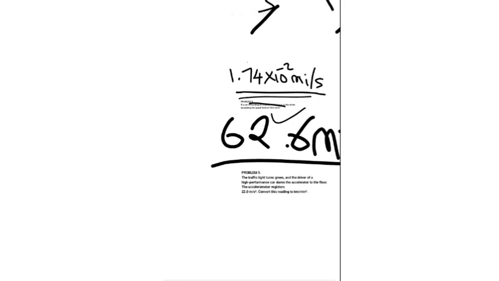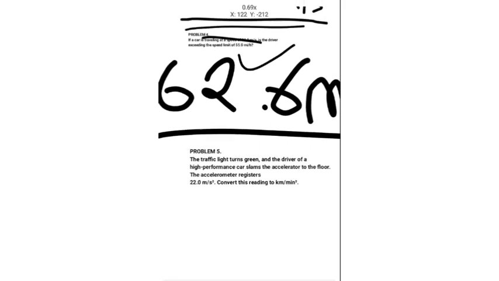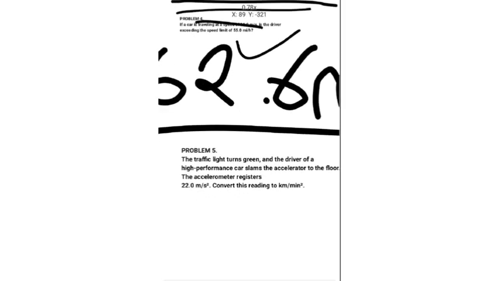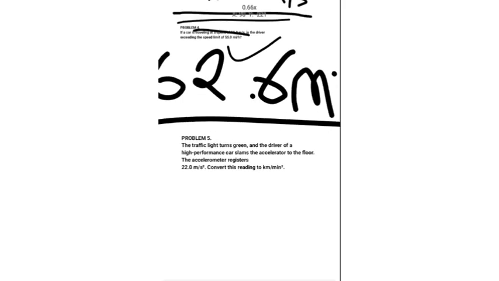Now let's look at the last example, which of course is problem number 5. So make sure that you pause the video, you try it out, you see if you have understood the concept. So let's look at this question. The question says, the traffic light turns green and the driver of a high performance car slams the accelerator to the floor.